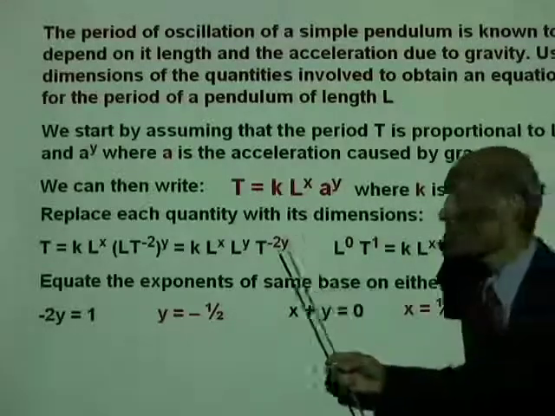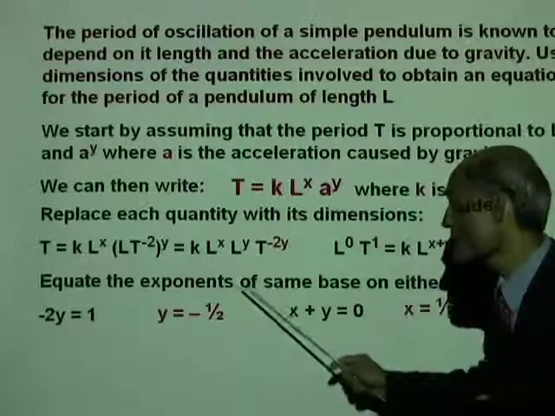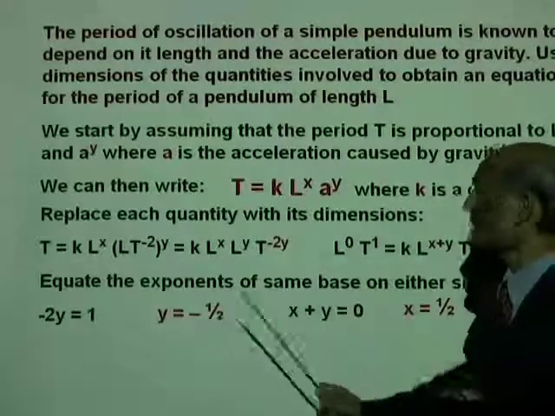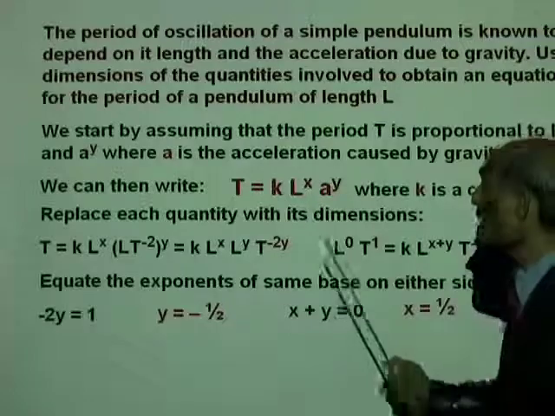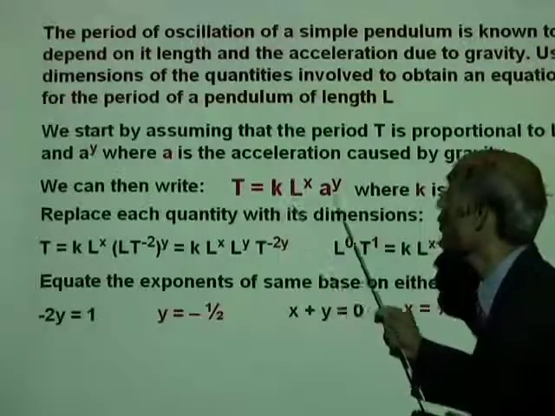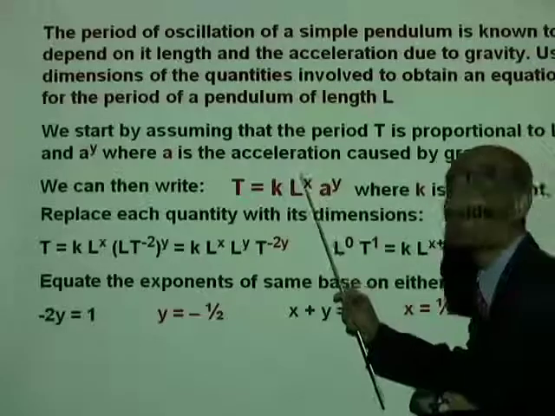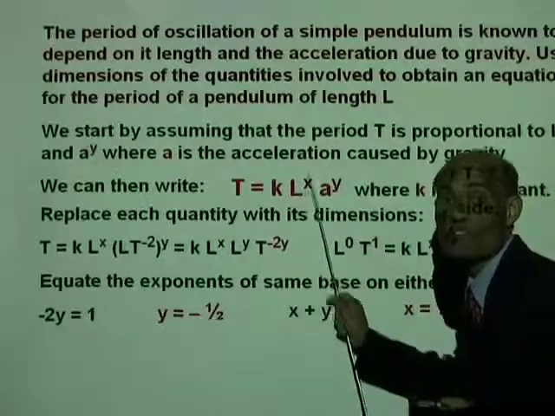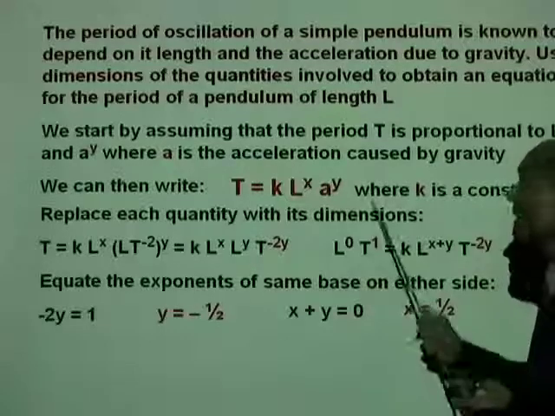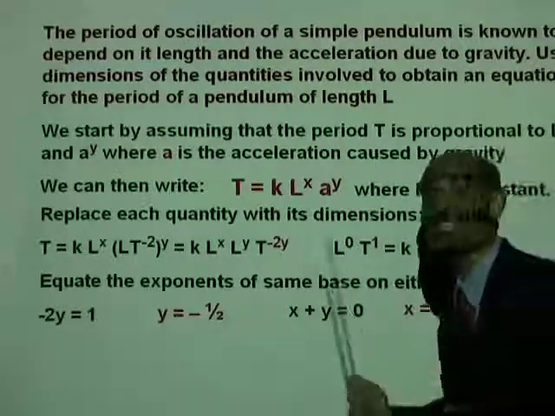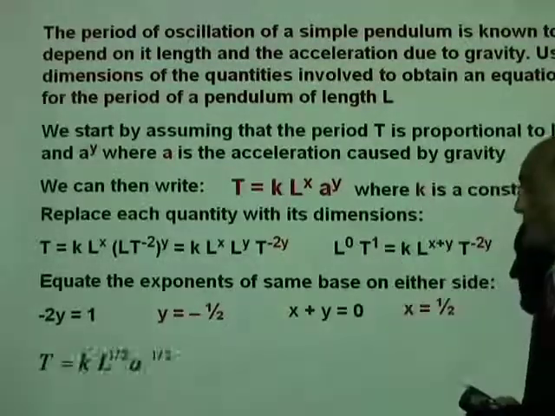See, look at the way we have been able to obtain the values of X and Y. And therefore, what is the equation for the period of a pendulum? We go back to this equation, replace X by 1/2 and Y by negative 1/2.